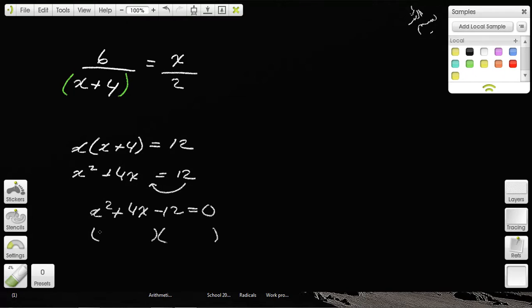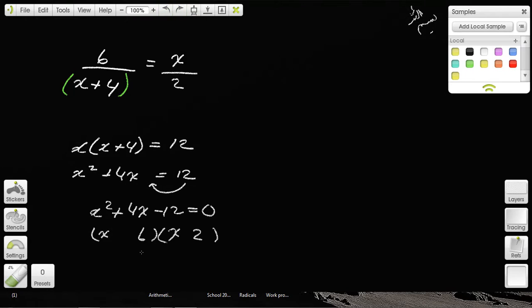I'm going to factor this, okay? X and x, 6 and 2, negative and positive. Where'd you get the 1 from? Oh, you just erased it. It's not 6, it's 1.